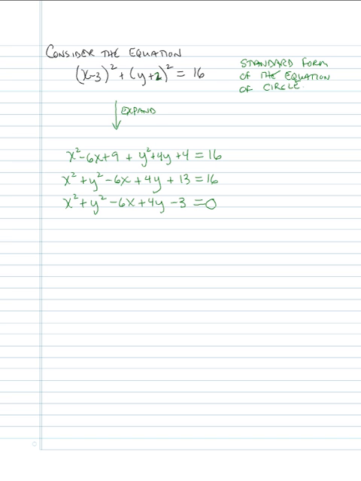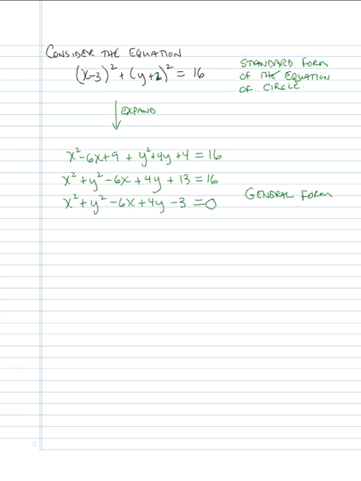And this is called the general form of the equation of the circle. The problem with this form is we have no way of looking at it and telling what the center of the circle is and what the radius is, although we know it's the equation of a circle because it came from the equation of a circle.